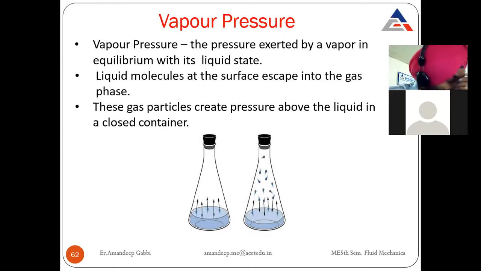as it is clearly visible on the screen also. If you have a container and start heating it, then there is a formation of some vapors, and after some time those vapors put some pressure on the liquid below. That particular pressure is called vapor pressure.